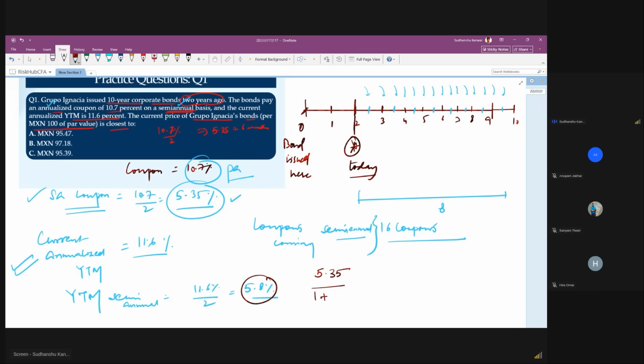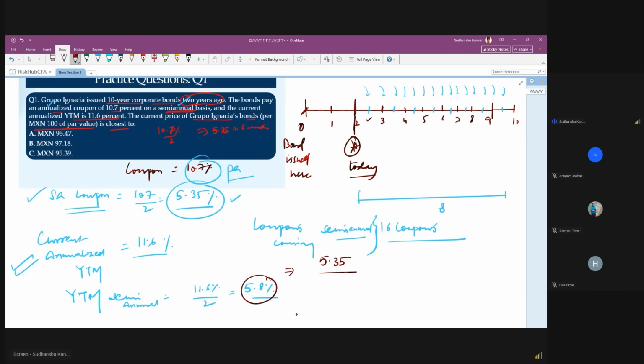Maybe you will get confused. Sir, isn't 5.35 the interest, so why are we taking it as a future value? No, 5.35 is the coupon. The coupon is coming. I'm not written the full thing, right? Just wait. What I'm trying to say is 5.35 is the coupon which is coming here, right? First cash flow, right?